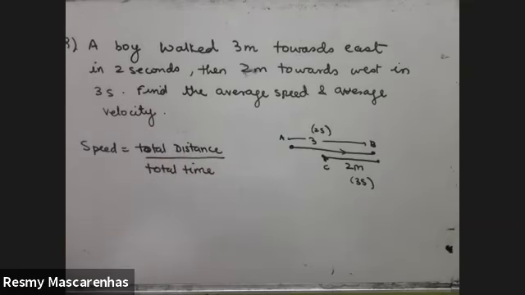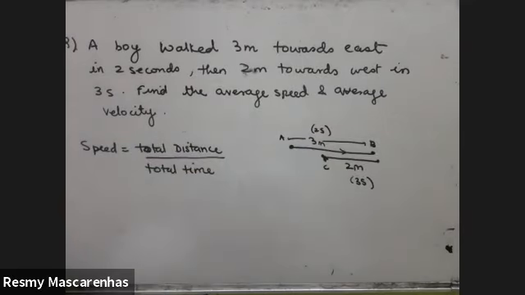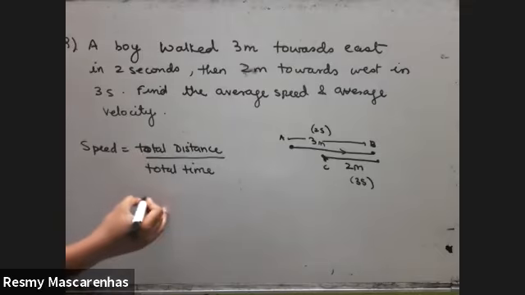So it is all the distance he has covered, the path length starting from A to B and then to C. This is 3 meters. How much will be the total distance here? How much has the person traveled? 5 meters. Yes, 5 meters.